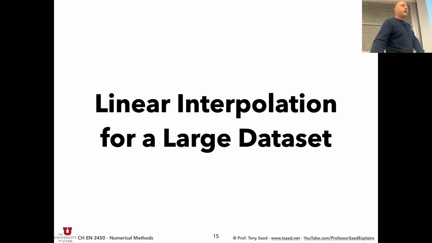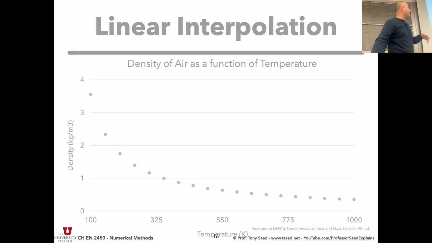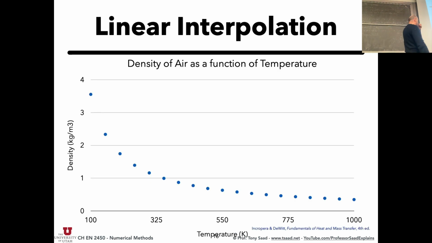But now the next step is to apply this linear interpolation for a large data set, like that temperature data set I gave you, or another data set that I used as an example in class, the density of air versus temperature. Okay? So at higher temperatures, the density of air decreases, right?